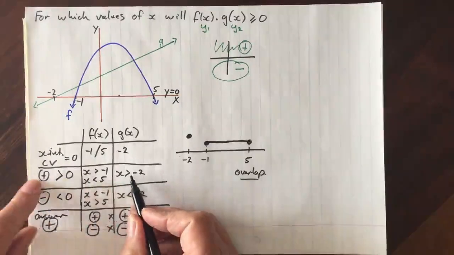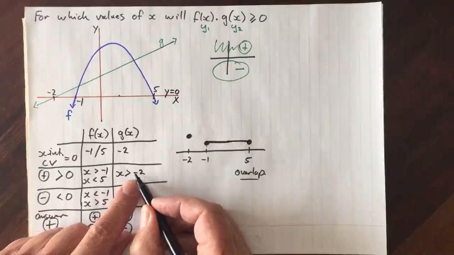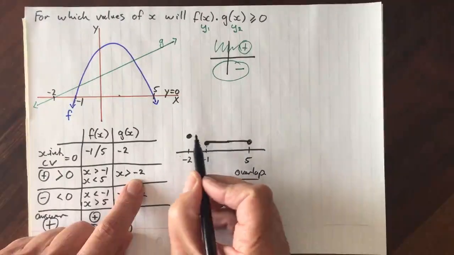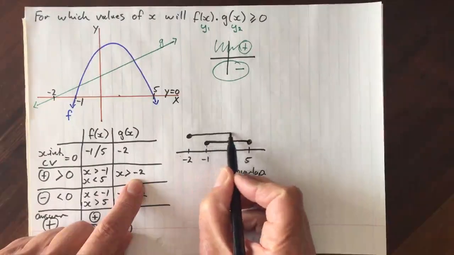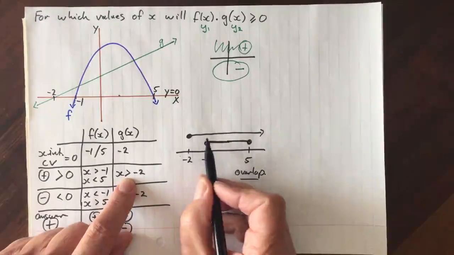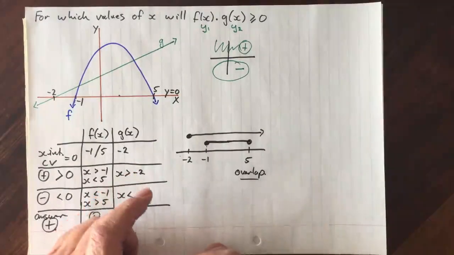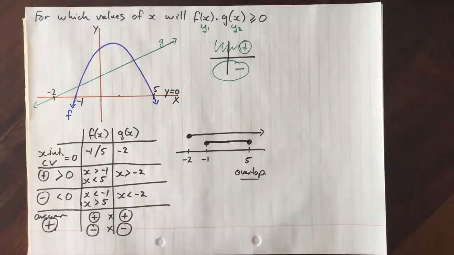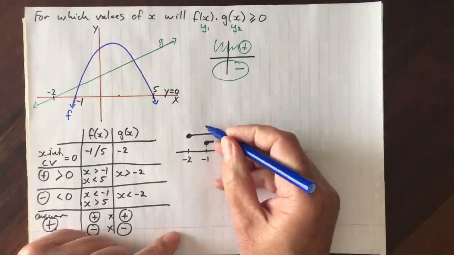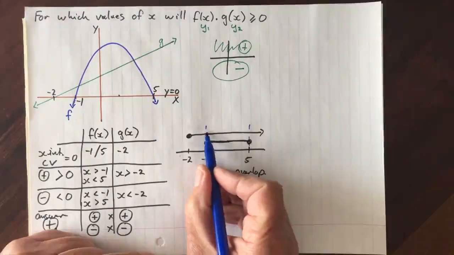Okay, the positive of g(x), let's choose that one over there. So x greater than -1, and you will see it is over there. We're looking for an overlap, and we will see my overlap is nicely shown over here, from -1.